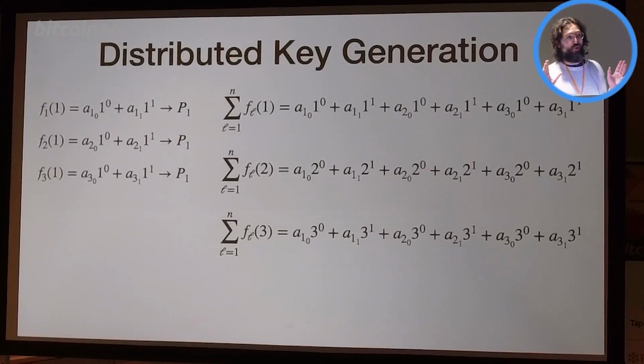Now, what's going to happen is participant 1 is going to add all their shares together. And when they do this, that's going to equal the sum of all the polynomial terms. We can see that the first polynomial at x equals 1 has a set of terms, and the second polynomial at x equals 1 has a set of terms, and the third one.